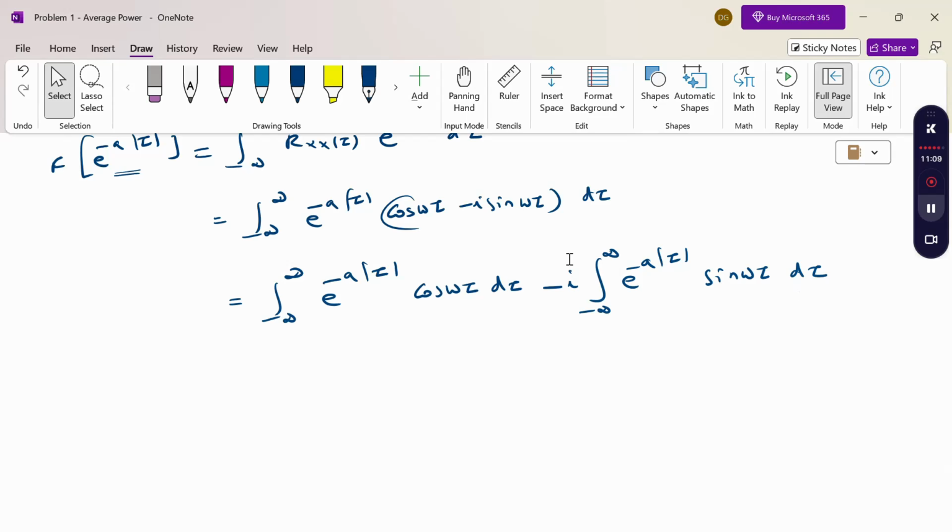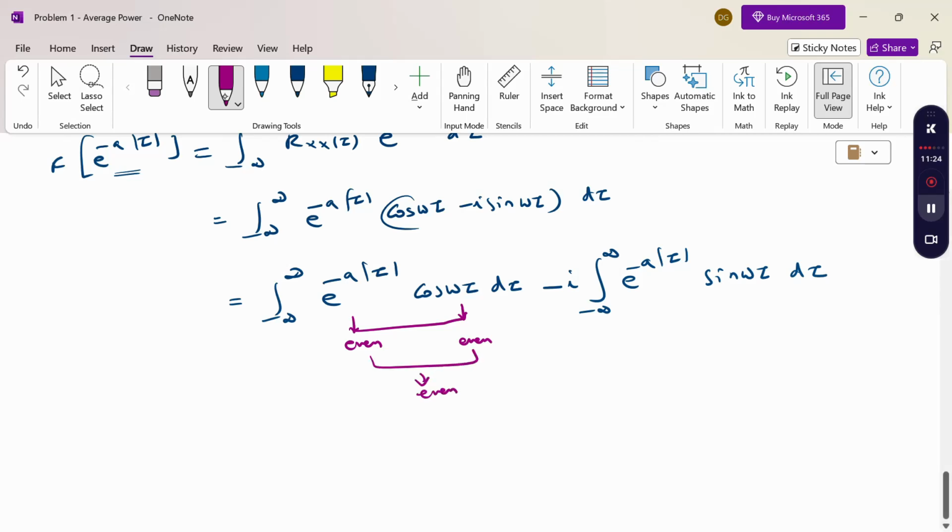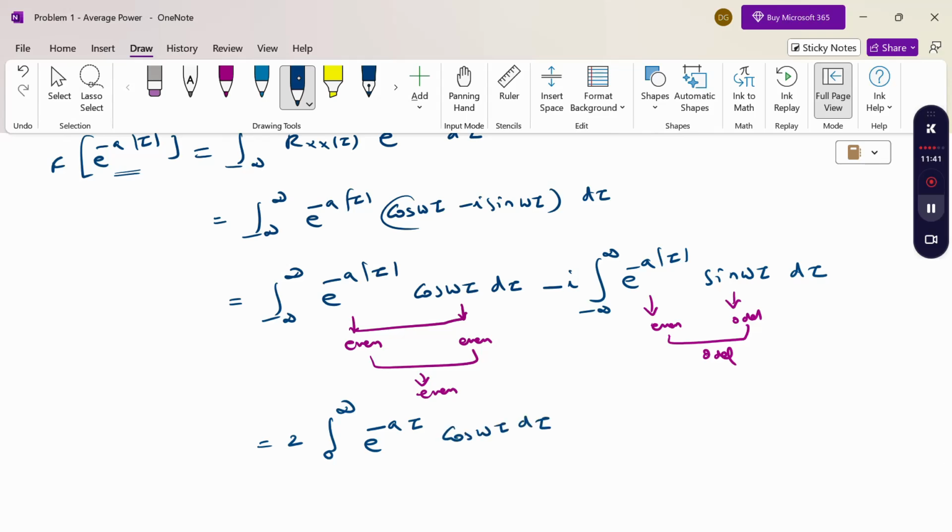Even into even is even, so this is an even function; even into odd is an odd function. Therefore, the even part is 2 times the integral from 0 to infinity of e power minus a tau cos omega tau d tau, minus the odd part, which is 0.